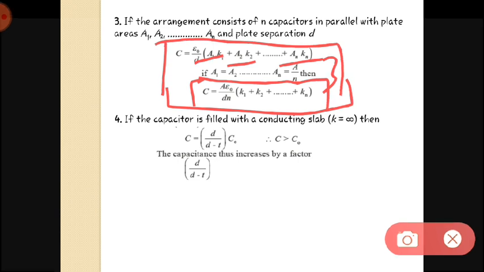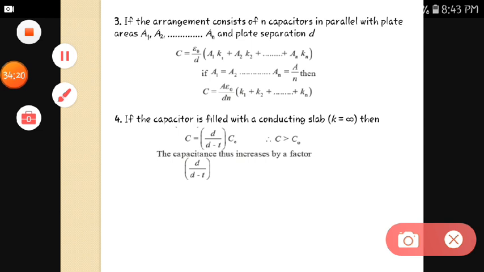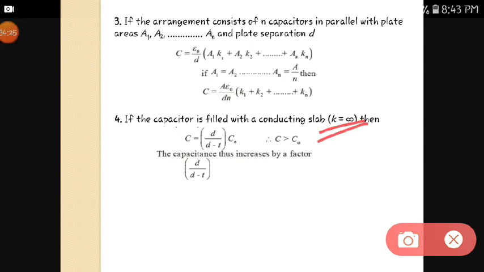Okay. Now, the fourth case and the last point of this lecture is if the capacitor is filled with a conducting slab. If it is filled with a conducting slab, I am not saying dielectric, I am saying it is conducting. So K becomes infinity. As K becomes infinity, we can put the value for K as infinity.